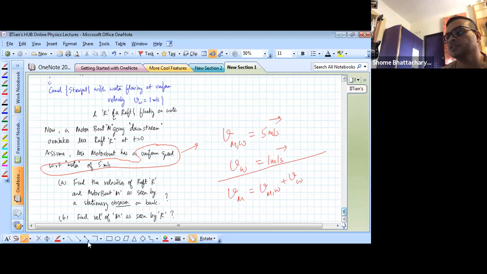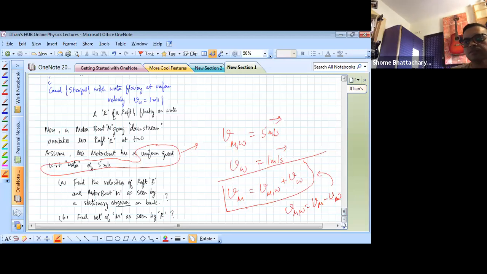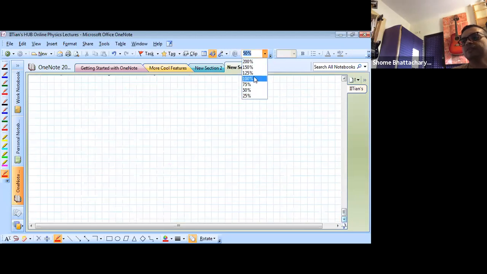So this equation that I've written is actually just coming from this, that velocity of A with respect to B is velocity of A minus velocity of B. So now reverse this. So this becomes this. You understood now? So that is why the solution to the first and second part will become like this.